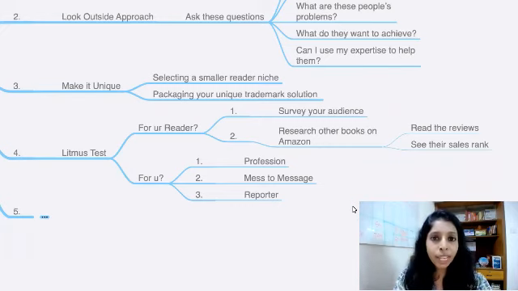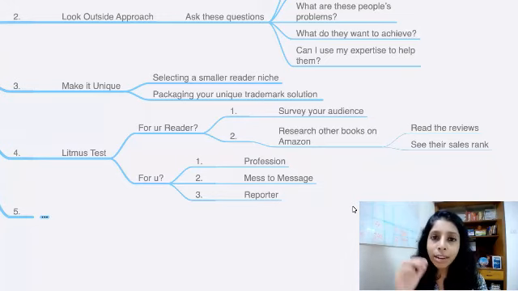What I would do is go ahead and interview 10, 20, 30 famous screenplay writers who've had a phenomenal track record. By interviewing them, I become the reporter. I get all their knowledge, I compile it into a book. I try to see if there is any similarity between whatever they are saying, and I present it to the audience as a consolidated book. That makes me a reporter. So I just have passion on that topic. It's not my profession, it's not my message, but I just want to be a reporter.